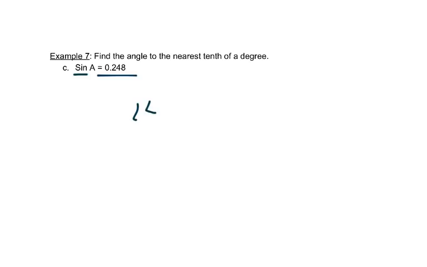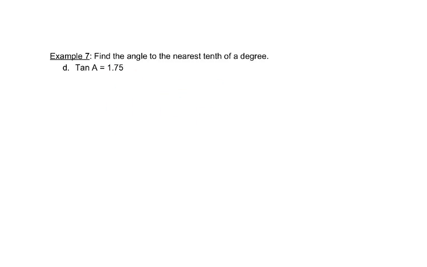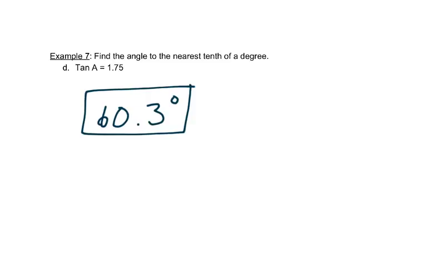And you should get 14 point, and then the next number is a 3, but the number after it's a 5, so the 3 needs to round up to a 4. And one more, we'd hit second tangent, 1.75. We get 60 point. The number after the next 2 is a 5, so the 2 becomes a 3, and we get 60.3 degrees.